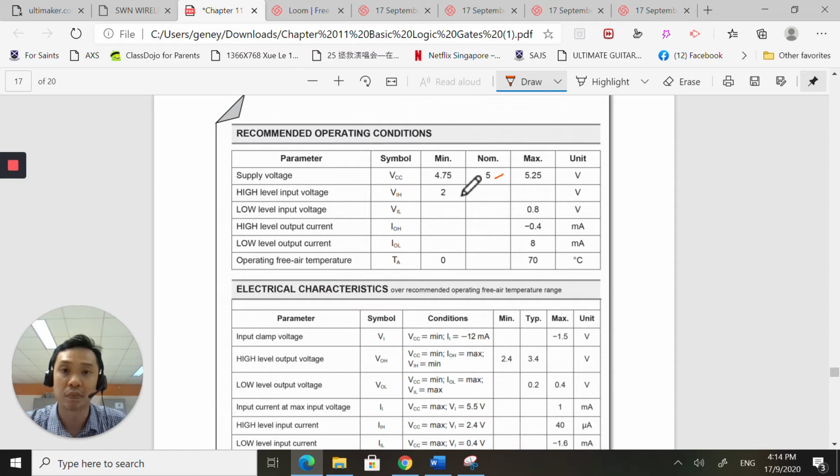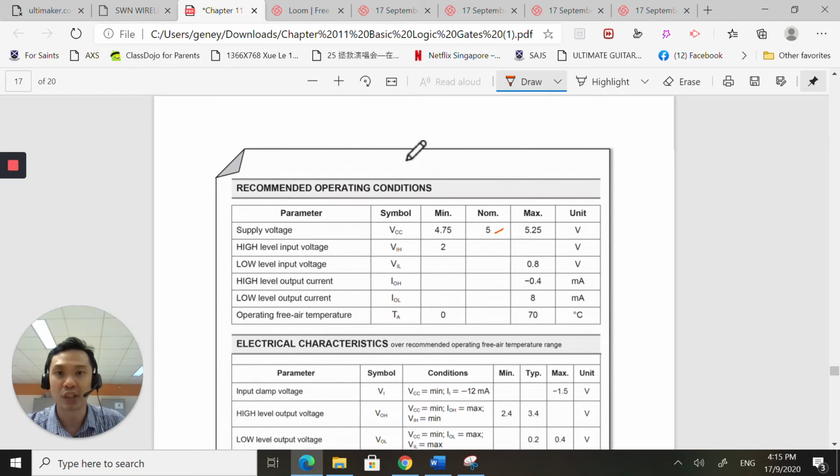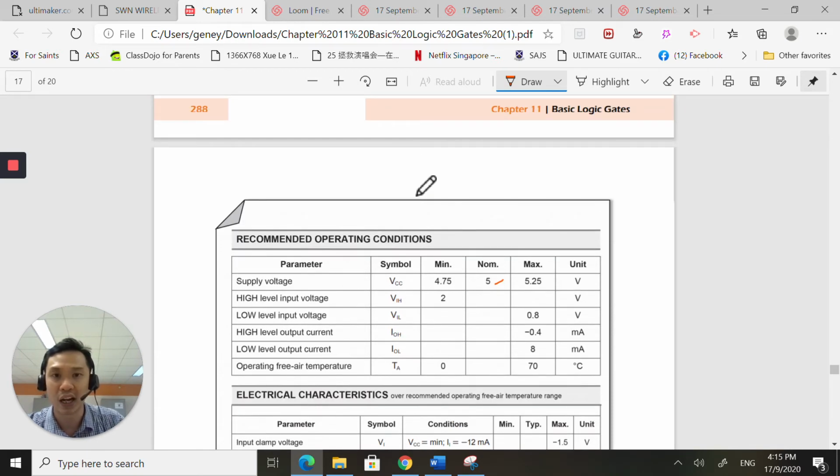That's not a problem. This tells me the input voltage, in order for it to be considered a high. Now, I know a lot of you think that a high is 5 volts and a low is 0 volts. In an ideal fairy tale world where the prince wakes up the princess.